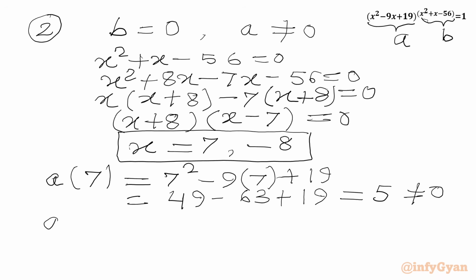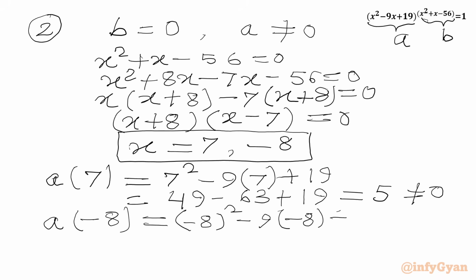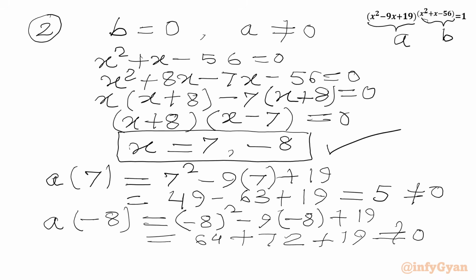Now we will check a of minus 8 also. So we will write minus 8 whole square minus 9 times minus 8 plus 19. So here we will write 64 plus 72 plus 19. All the three numbers are positive numbers. For sure we are not going to get value 0. So our solutions 7 and minus 8 both are true.